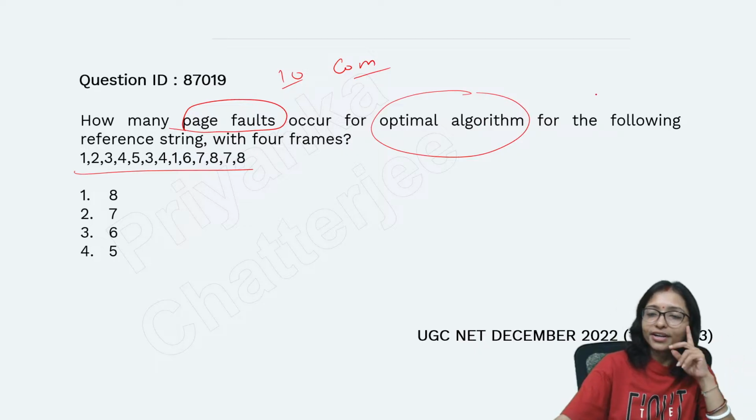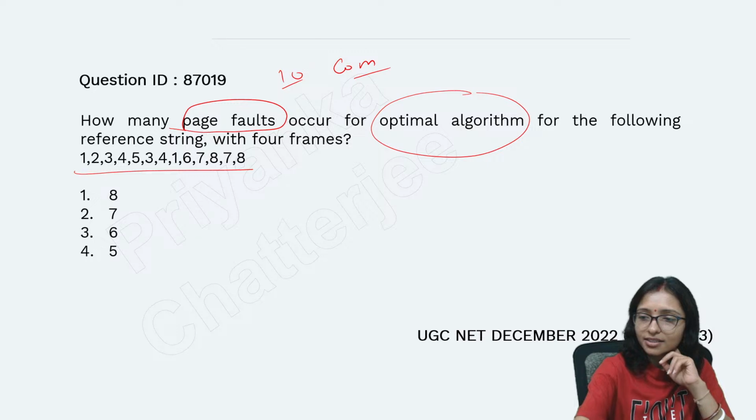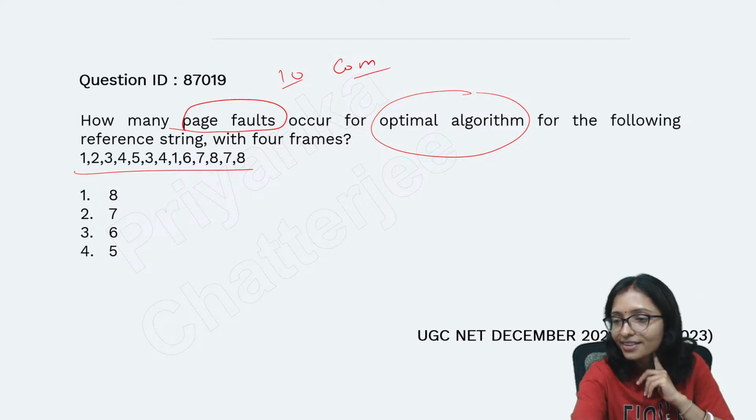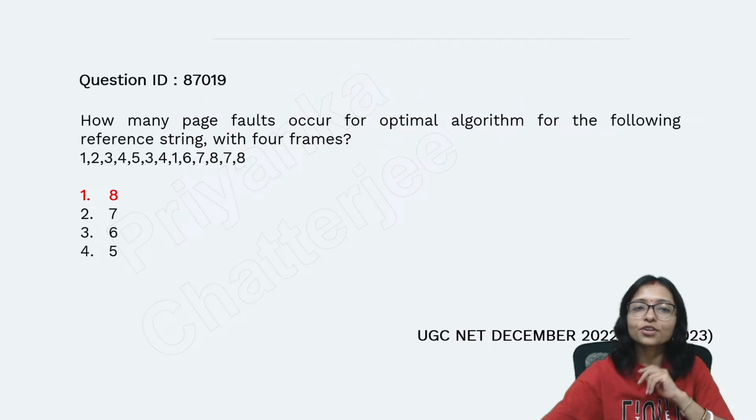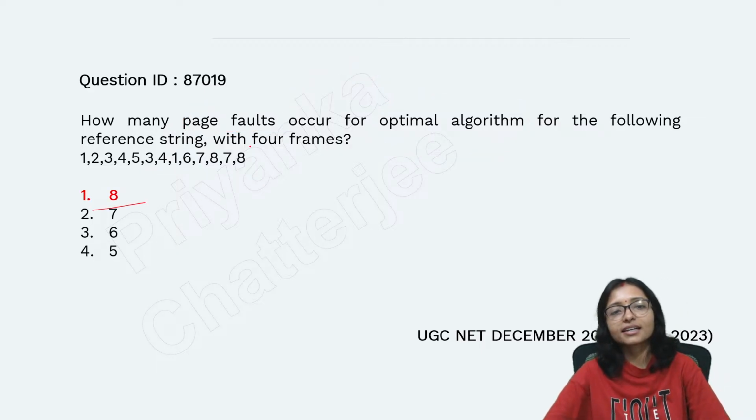Yeah, I can see already. Very good, super fast. Srinivasulu, Dhinkar, Jayashree, everyone is giving answers. 8 is the correct answer. Optimal is thinking about the future. It is asking you the page faults, how to do that, and how many frames are there.